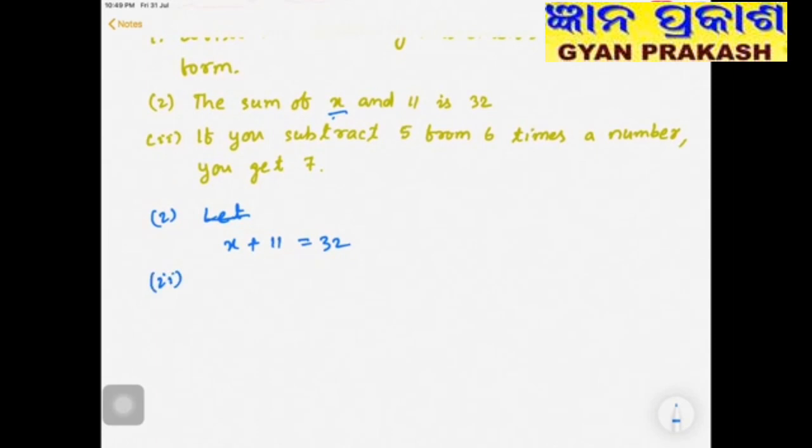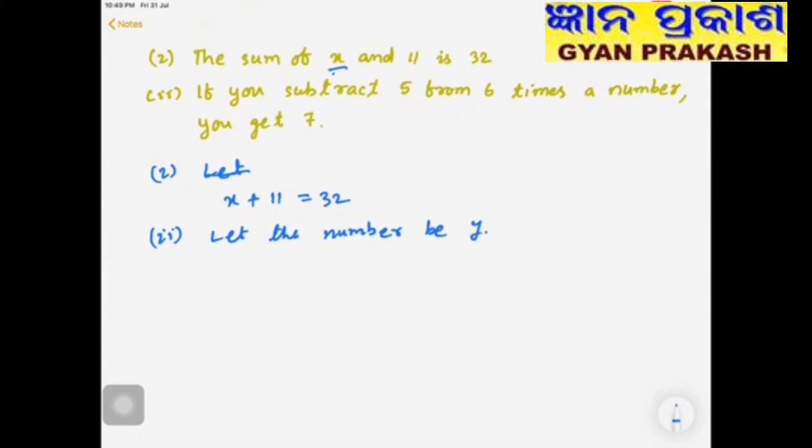Now let us take the second one. If you subtract 5 from 6 times a number, you get 7. So let the number be y. Now we have to subtract 5 from 6 times a number, and the number we have taken is y.